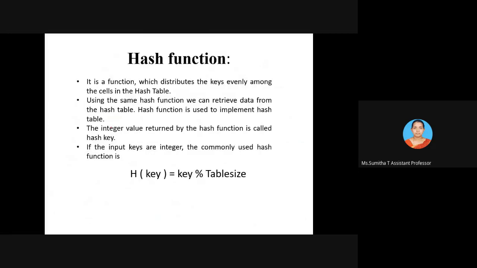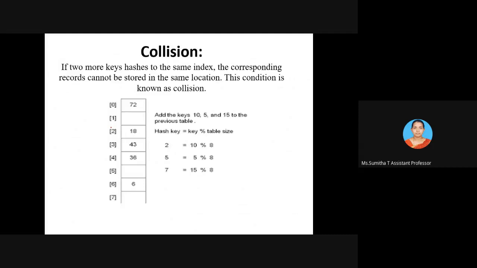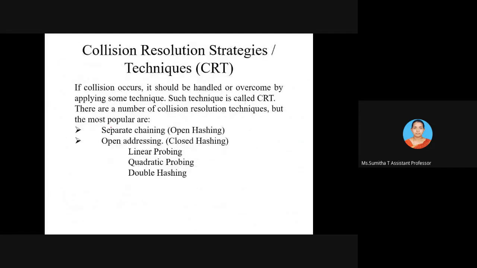After that, we came to the hashing function: hash function, hash table, collision resolution techniques, open addressing and separate chaining. In separate chaining we can use a linked list. In open addressing we have three methods: linear, quadratic, and double hashing. After that, we studied rehashing and extendable hashing. That's all about the 5 units.